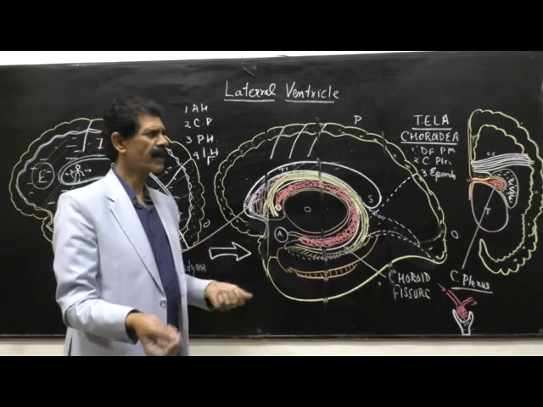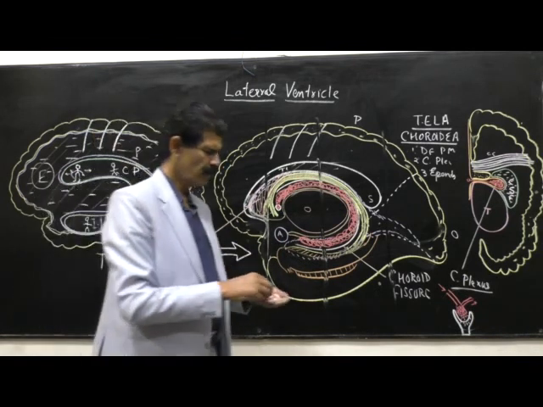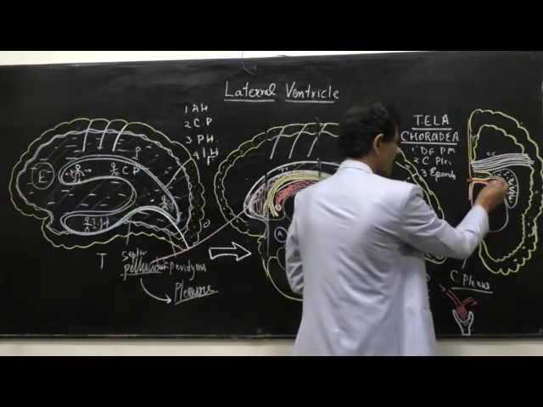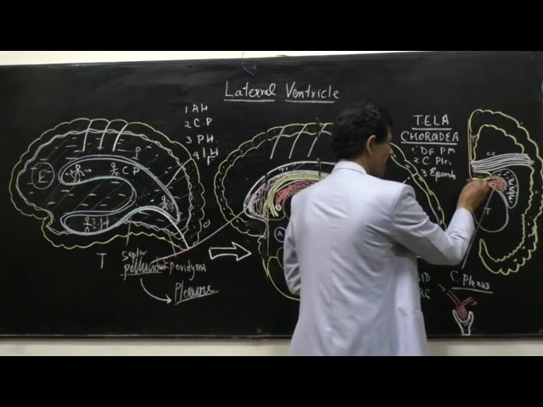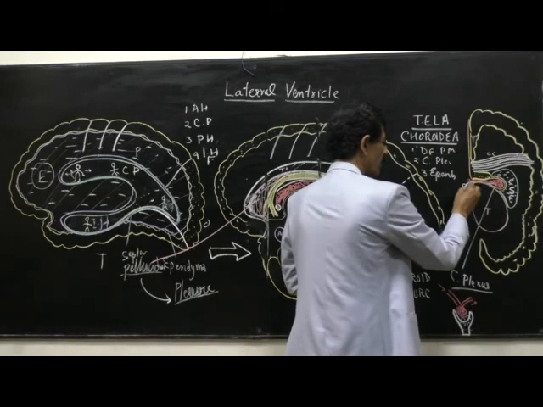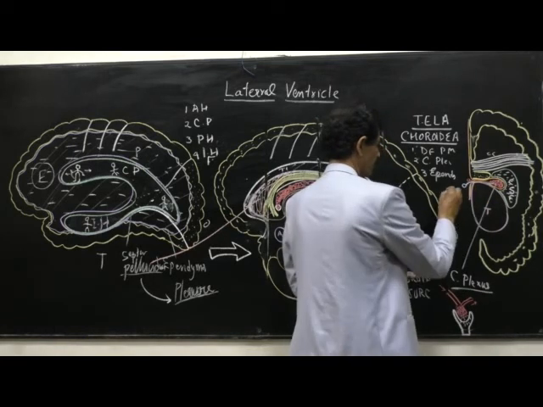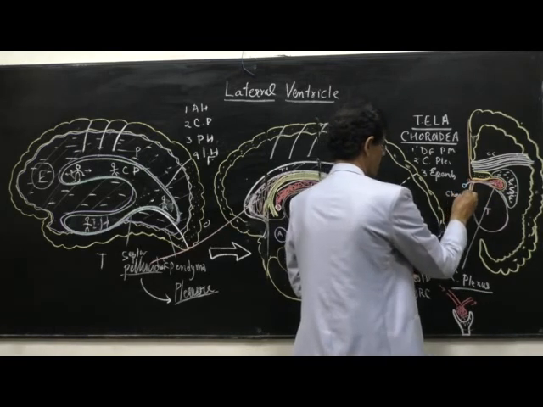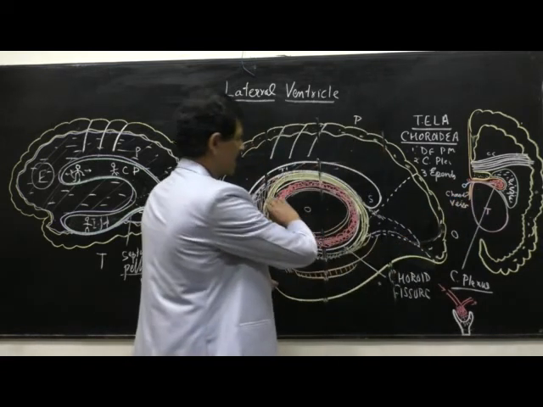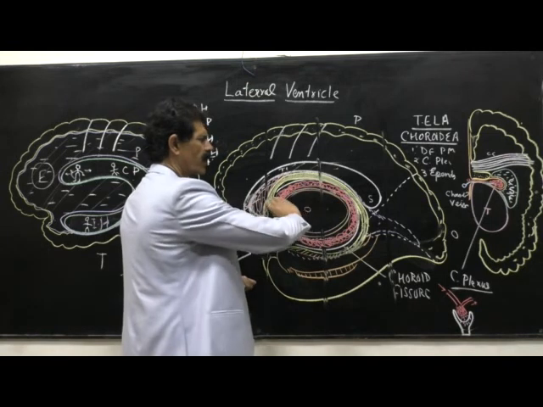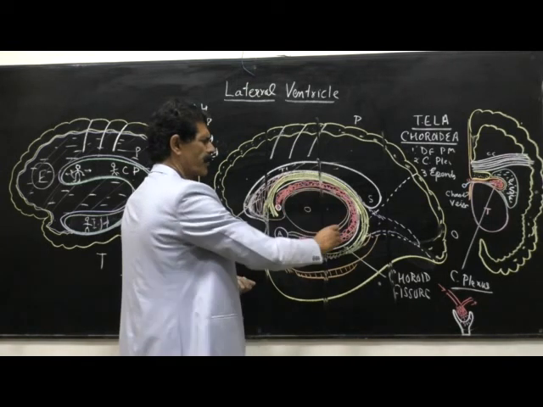Now wherever the artery goes, we know the vein comes out. So from the same choroid plexus, the artery is going inside, the anterior choroidal artery, and what comes out? The choroidal vein. Choroidal veins come out of the choroid plexus.